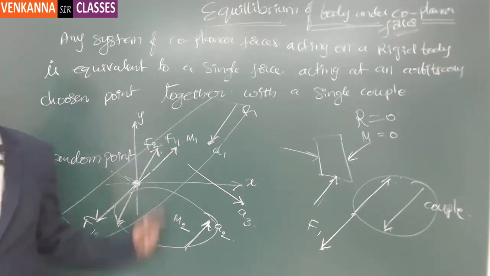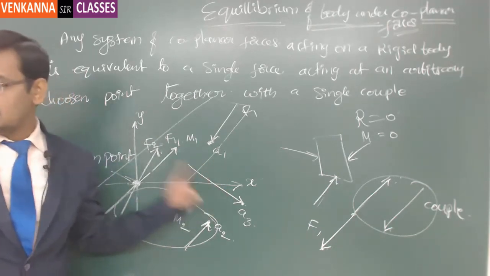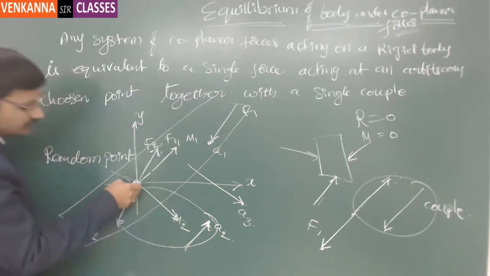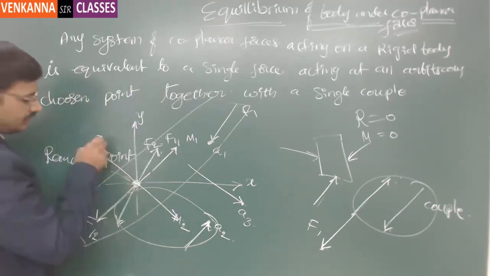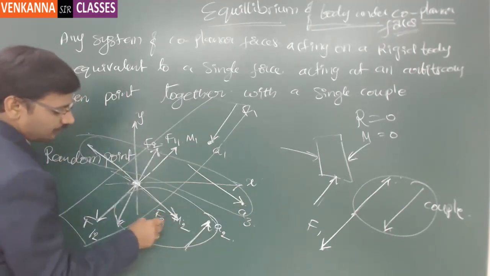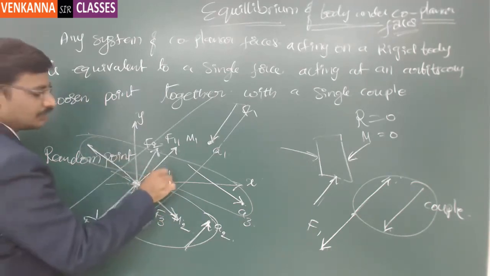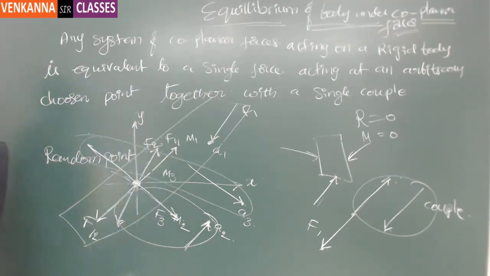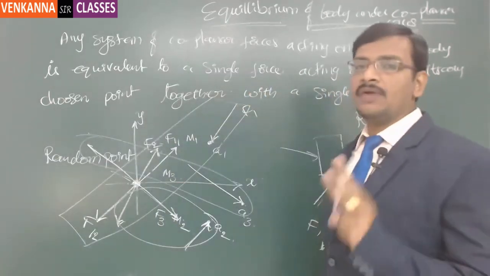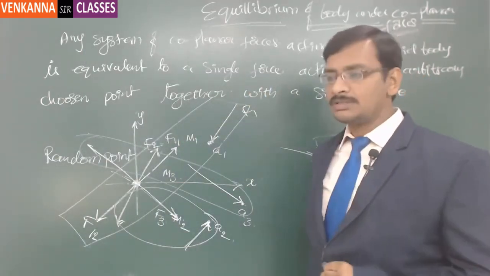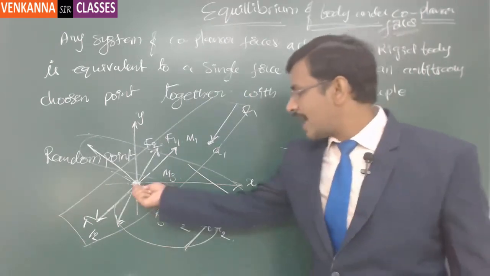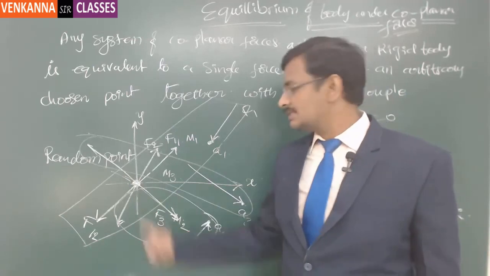And again if I take the third force, even for this, at the same location, I can draw two opposite forces like this, and these two will form the couple, and this one will be the resulting force F3. So this couple is M3. Now for all three forces together, we have three individual couples along with three different forces, but the forces are acting at a single point O. This is a randomly chosen point.